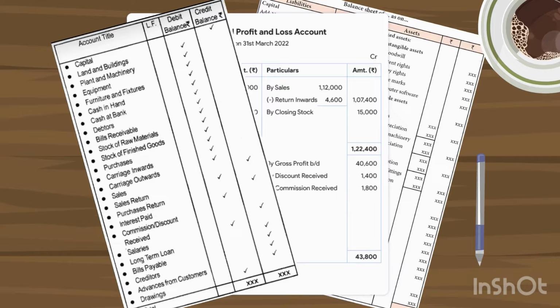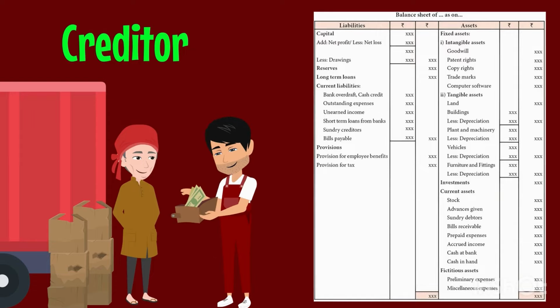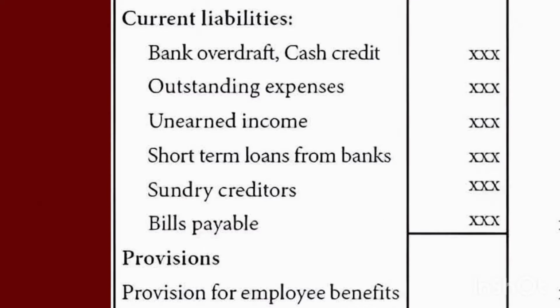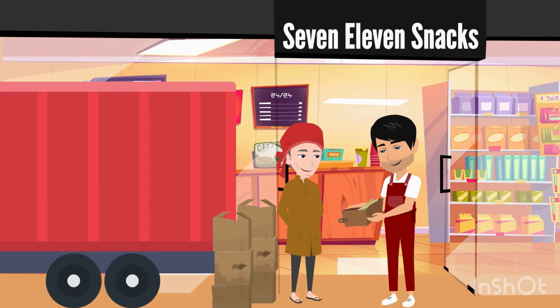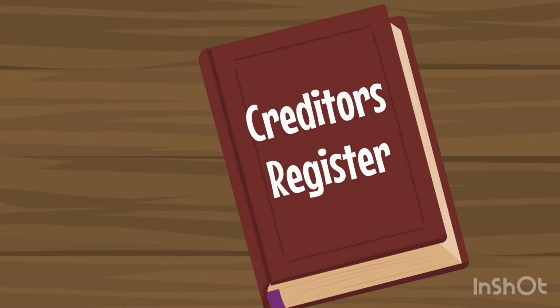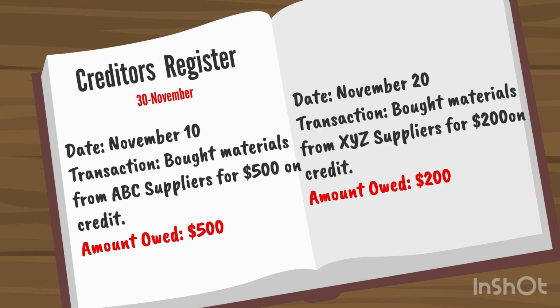This is summarization. Let's take a look at the balance sheet again. See here, the creditors are highlighted. This shows the total amount the business owes to its suppliers as of the 30th of November. In simple terms, it means the business needs to pay this amount to the suppliers. Now, the creditor register is showing us all the transactions that occurred during the month of November.